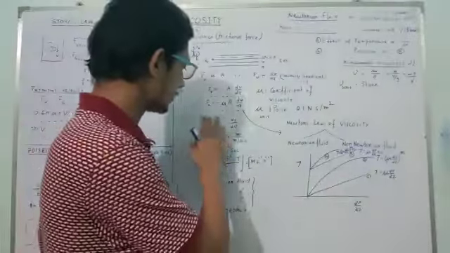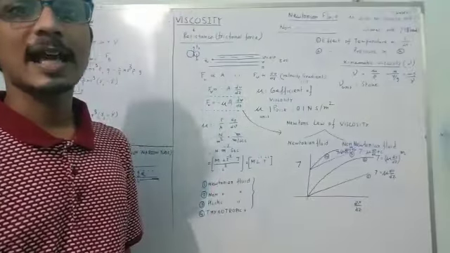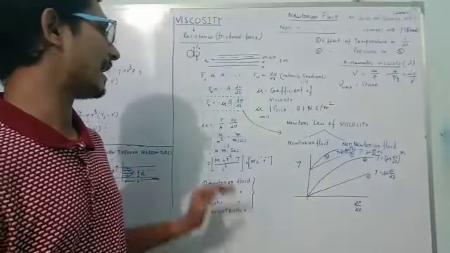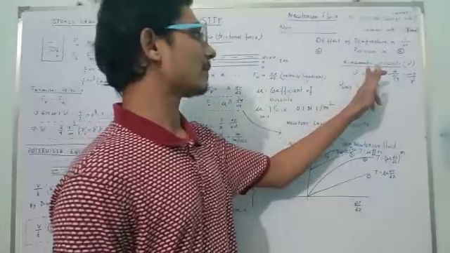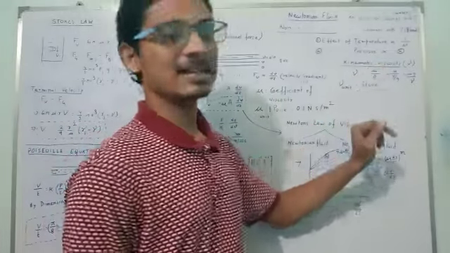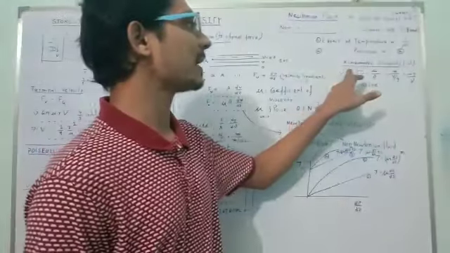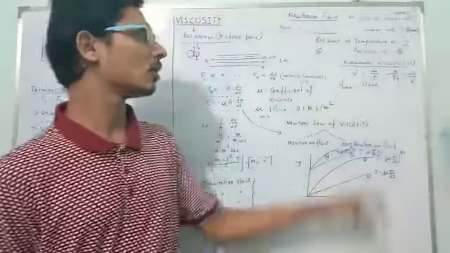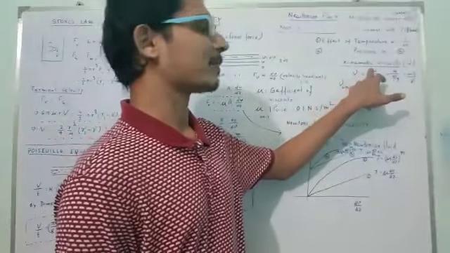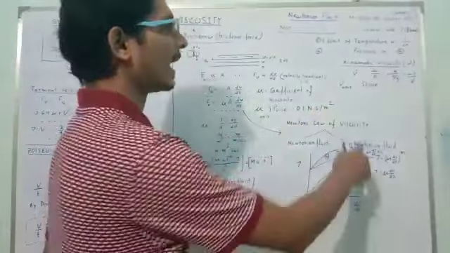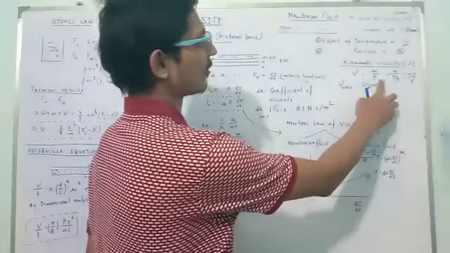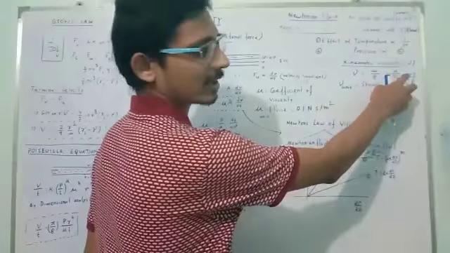This viscosity mu is also called absolute viscosity, and the ratio of that absolute viscosity to the mass density is called kinematic viscosity. So nu is equal to absolute viscosity mu divided by mass density rho. Now what is mass density? Specific weight by gravity.